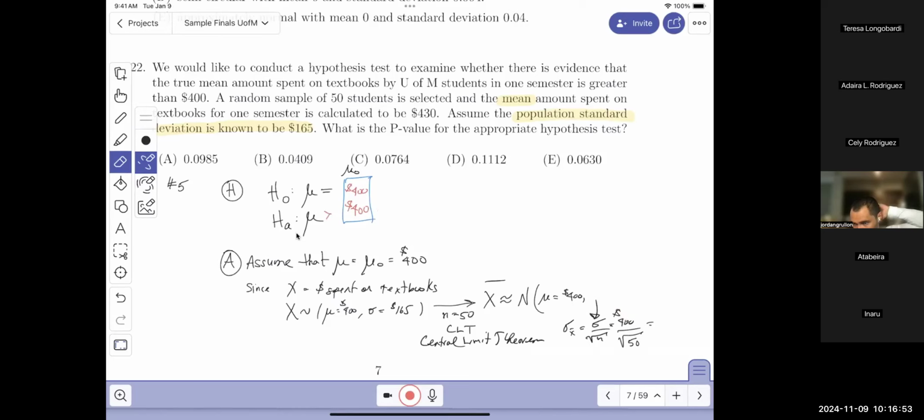I don't know. Sorry. And you get, you can round it to 2 decimal places. Okay, so it's also dollars. $23.33.